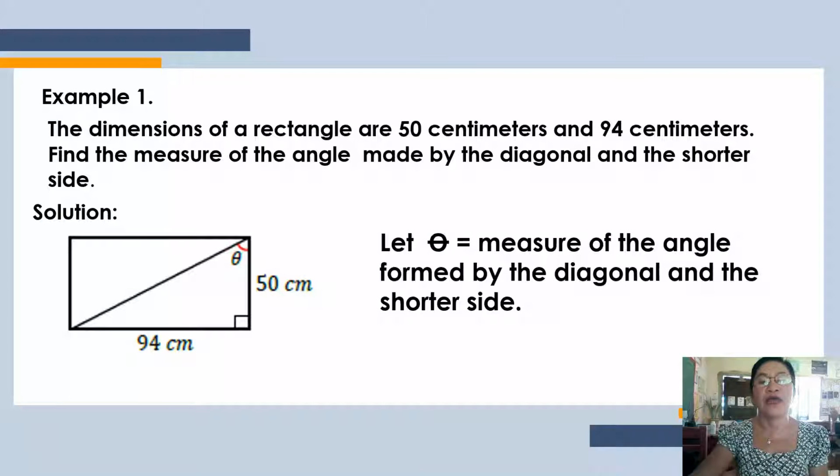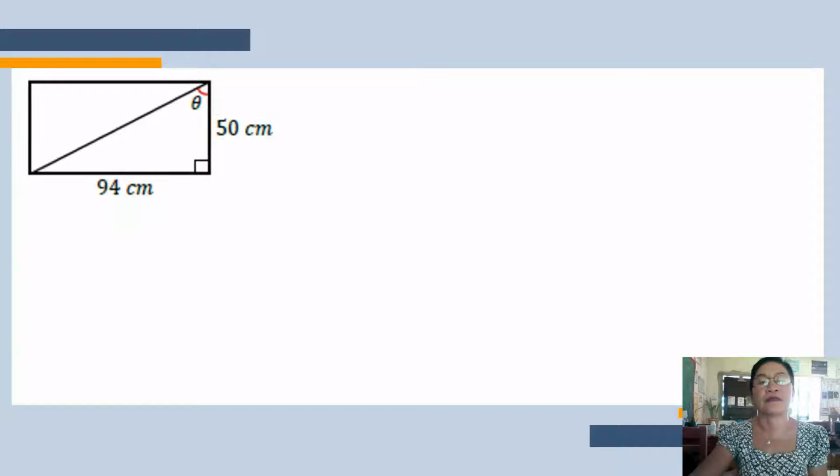Let angle theta be the measure of the angle formed by the diagonal and the shorter side. The next step, we are going to determine the trigonometric ratio that we can use to solve the problem.